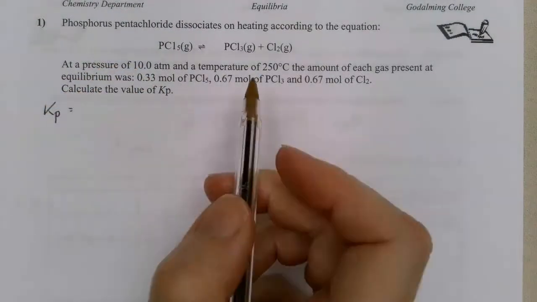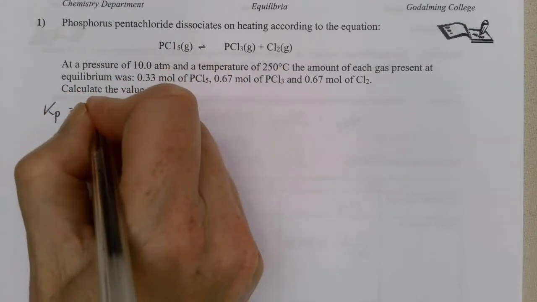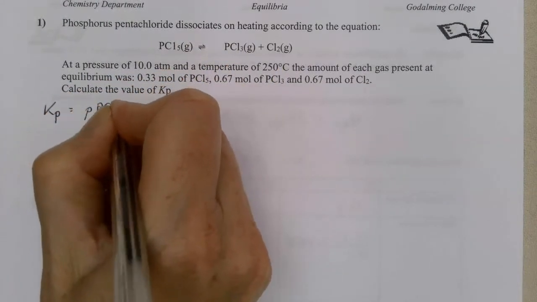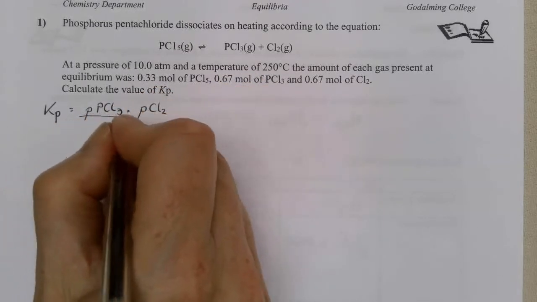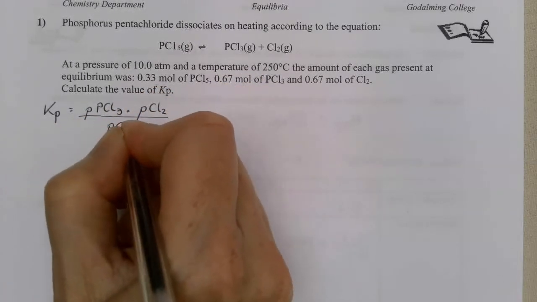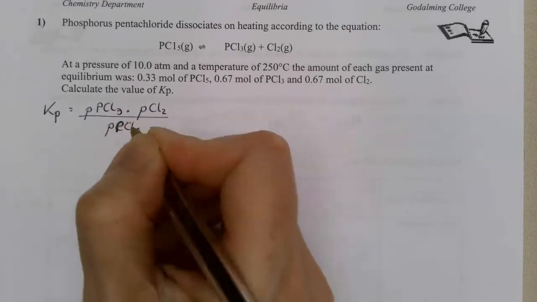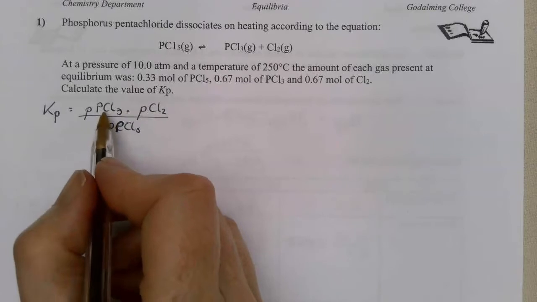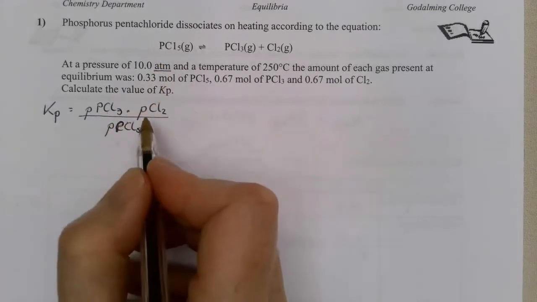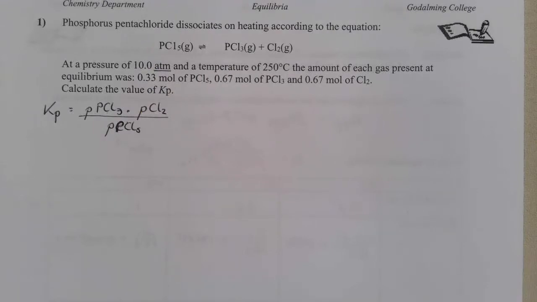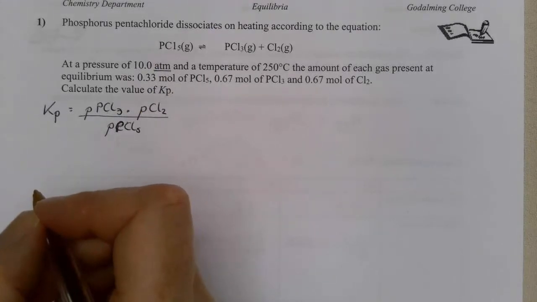Kp, using this equation, remember, is going to be the partial pressure of the PCl3 times the partial pressure of the chlorine divided by the partial pressure of the PCl5. So the units for this, I've got atmospheres because my total pressure is measured in atmospheres, times atmospheres divided by atmospheres, so the units just come out as ATM. We'll put that in at the end.